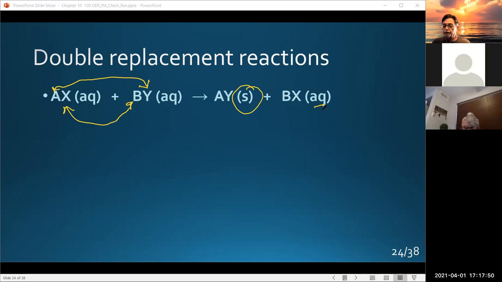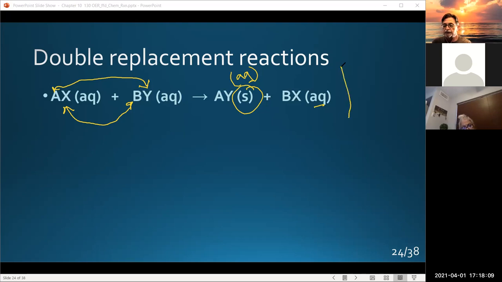BX, based on the solubility rules, is soluble, so we put AQ. Now, if we go through the solubility rules and find that AY was in fact soluble and BX also is soluble, then we have no reaction.